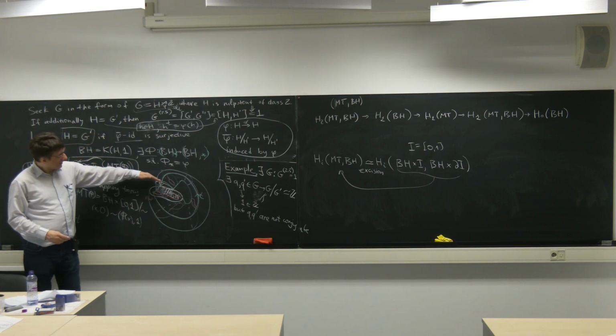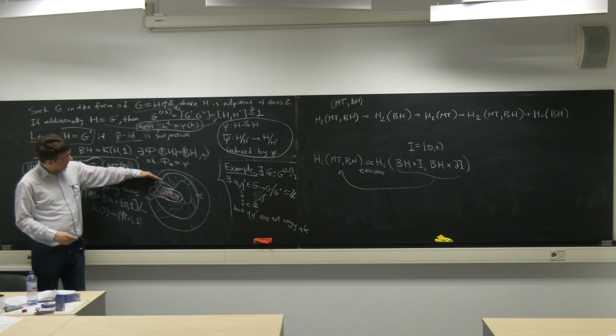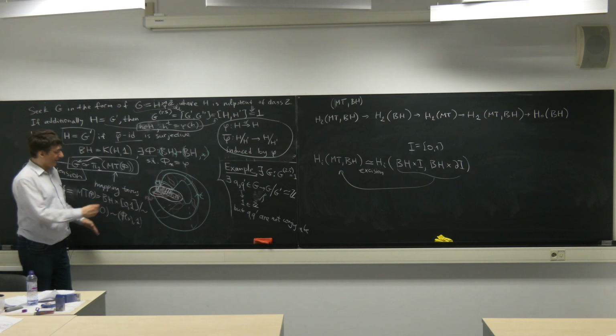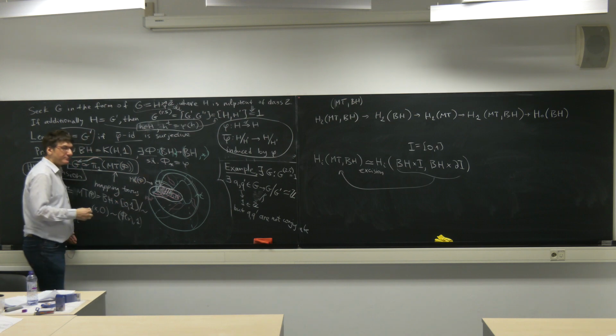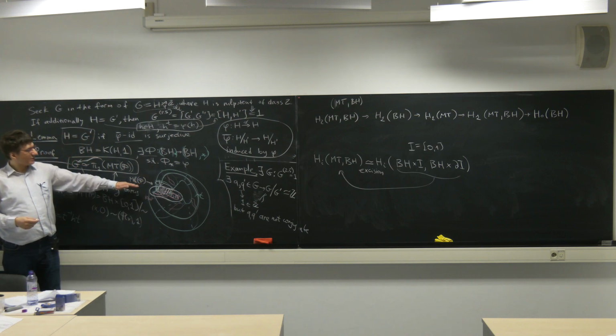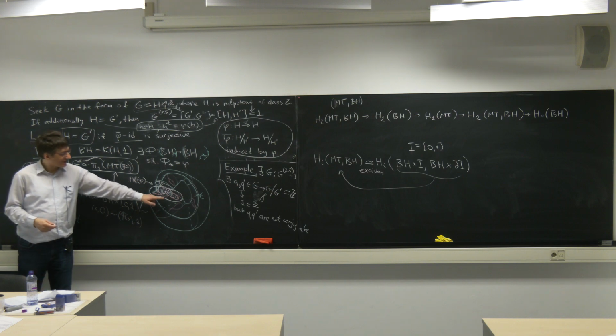So this is essentially a copy of the mapping cylinder of phi. And this mapping cylinder of phi deformation retracts onto BH.